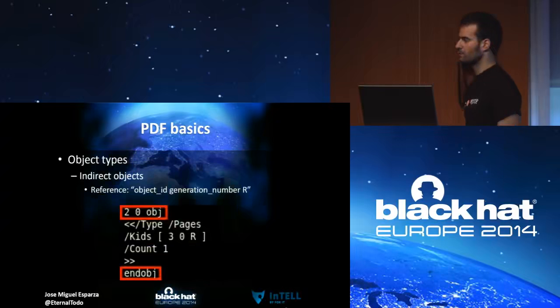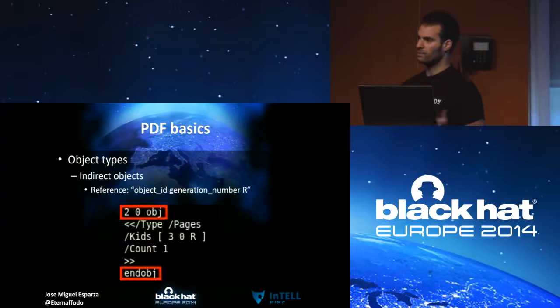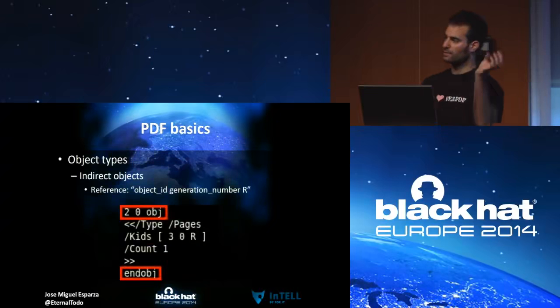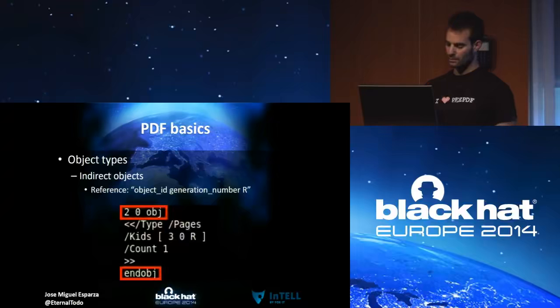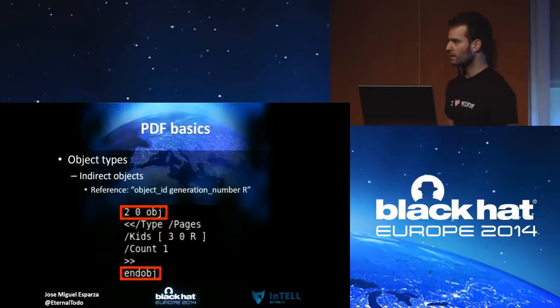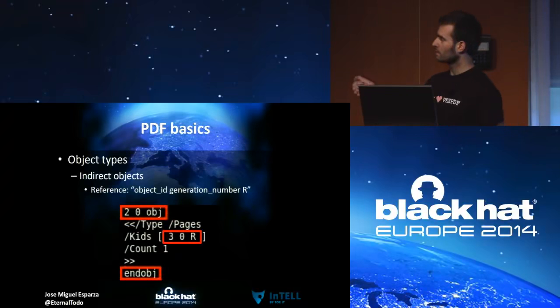We can reference an object inside a PDF with its ID. So we have the ID, the generation number, and then the letters OBJ, and then we have the end tag, that is endobj. We can reference every object doing, for example, in this case, Kids. This has just one page.